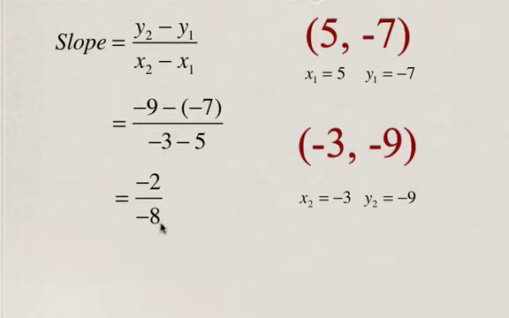And so watch your signs when you're working with your integers here. And this simplifies. The negatives cancel out to become positive, and 2 over 8 reduces to 1/4. And so the slope of the line is 1 over 4 for the line between (5, -7) and (-3, -9).